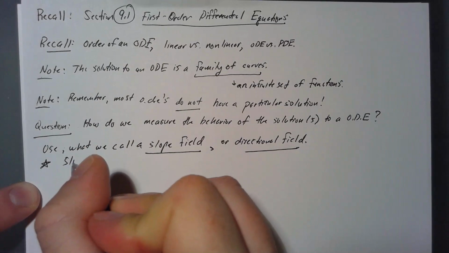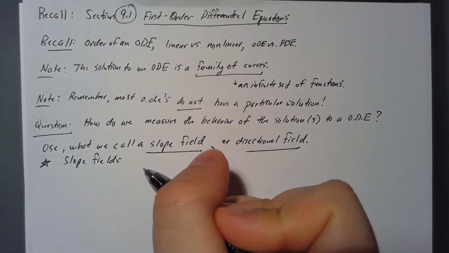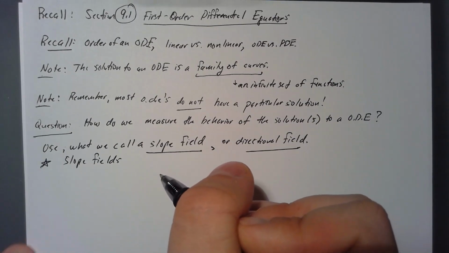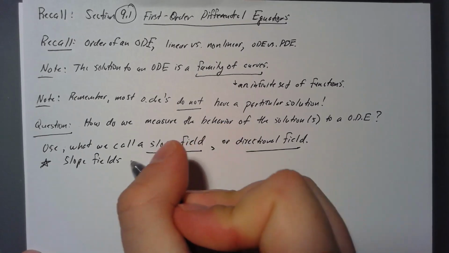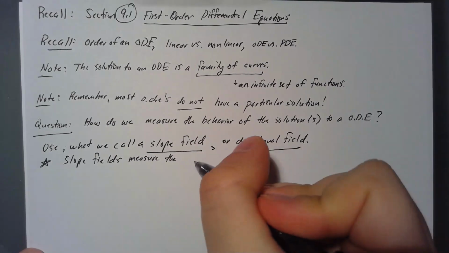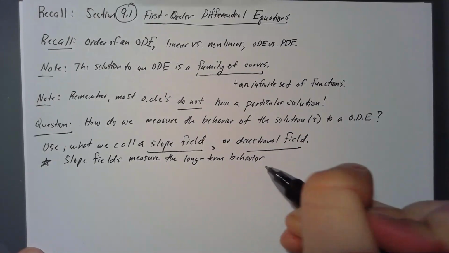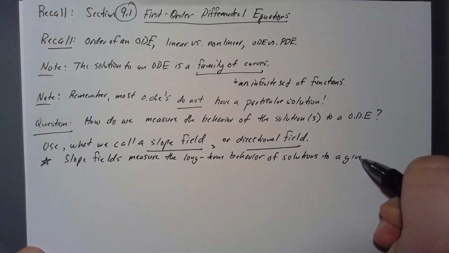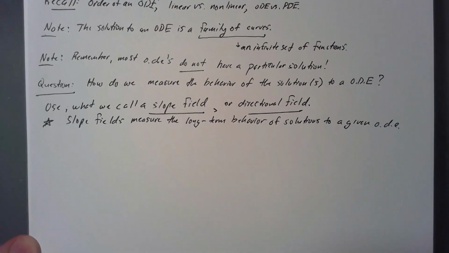Basically, slope fields measure the behavior, or I'll say this, the long-term behavior of solutions to a given ODE. And that's the idea behind these things.